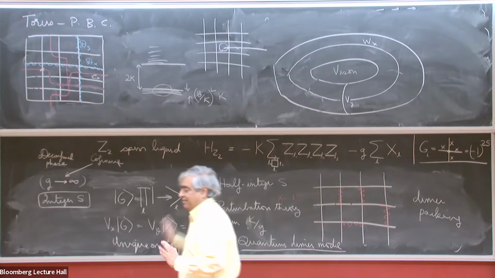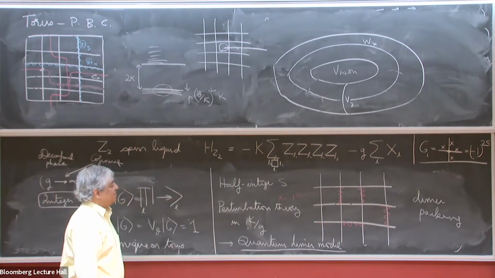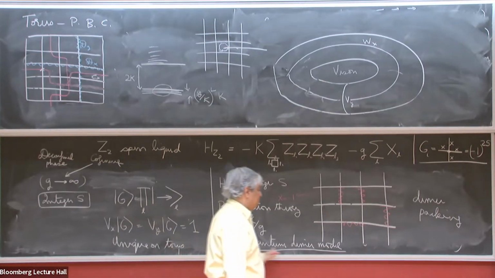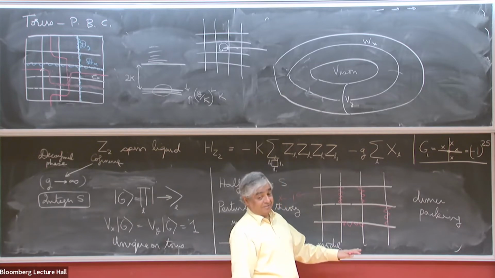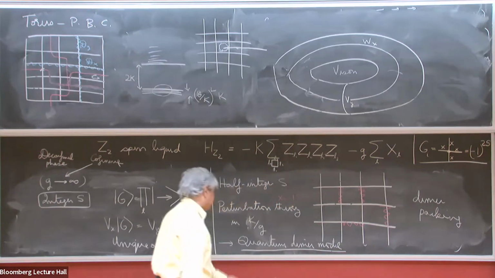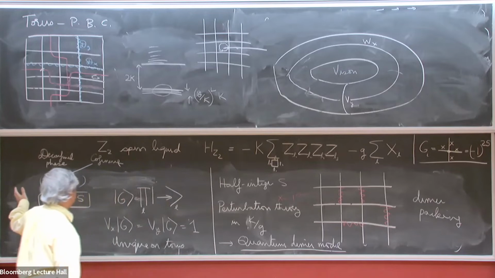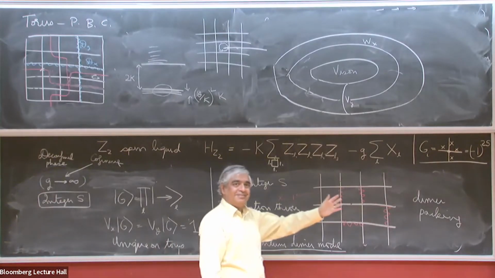And depending on which lattice you're on, you get different ground states. And in fact, in some cases, the ground state of the quantum dimer model still has the topological degeneracy, still has Poisson excitations. So in fact, in this case, on certain lattices, all the way from g equals 0 to g equals infinity, it's in the deconfined phase.